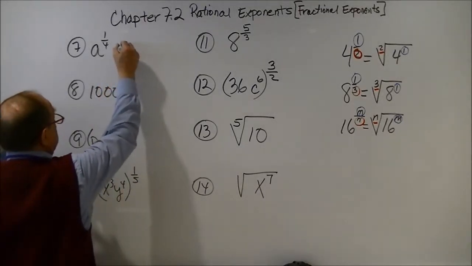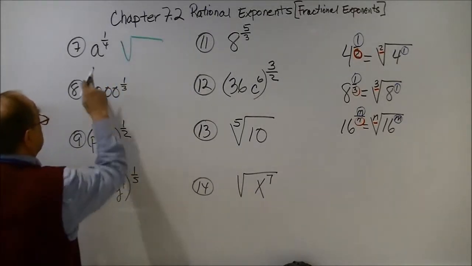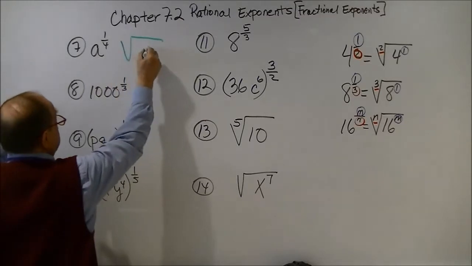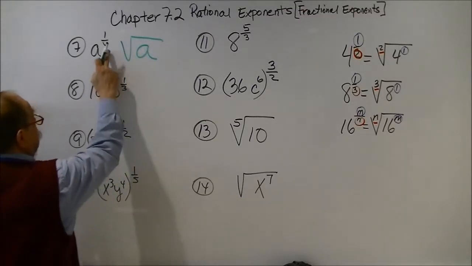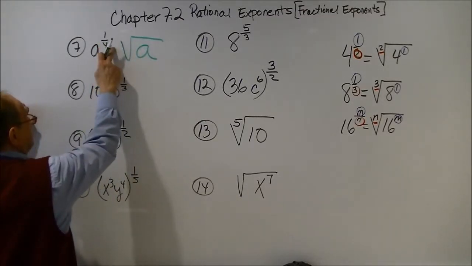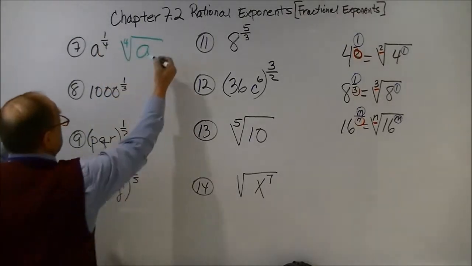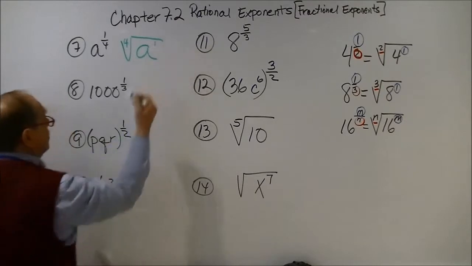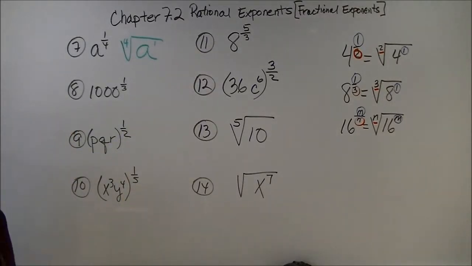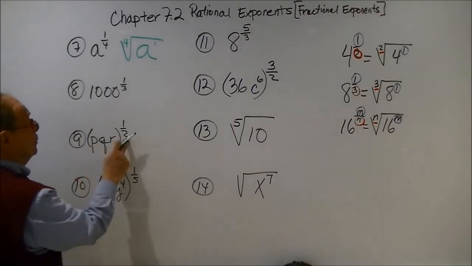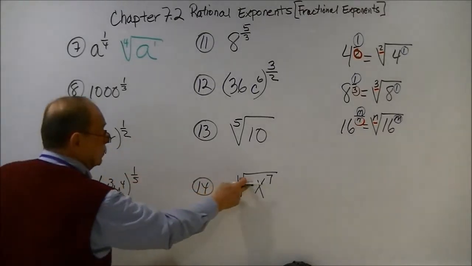So let's see if we can do this. Well, we're going to put the radical sign. This is our radicand. The denominator of that fraction is 4, so that will be our index number. And I'm putting a 1 there, but remember, we don't put the 1 there, just as we don't put the 2 there if they're square root.